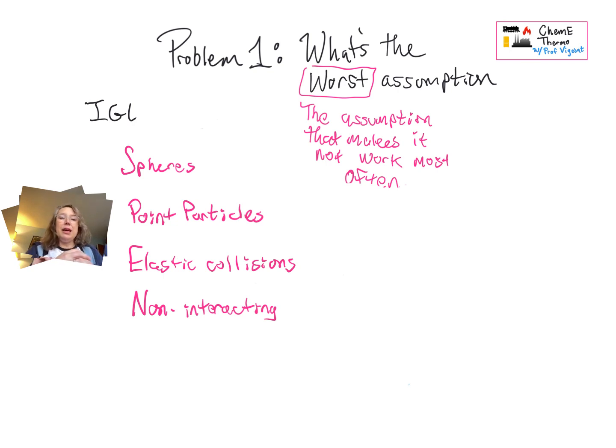But really, the worst possible thing going on here is this one, non-interacting. And why is that so bad? Well, you need intermolecular interactions to have stuff change phase. Things that never interact will always stay a gas. That's why the ideal gas law can't be used to predict boiling points.